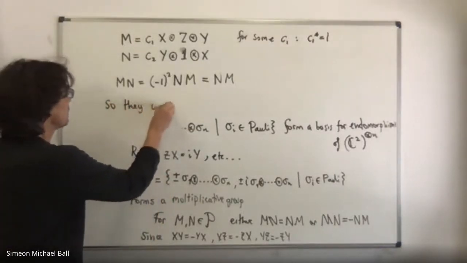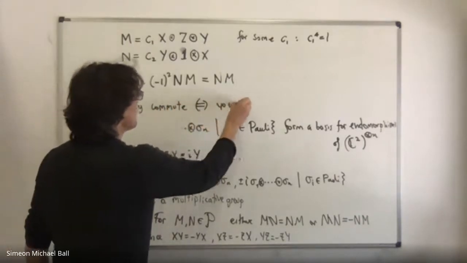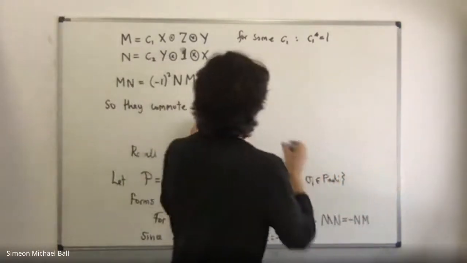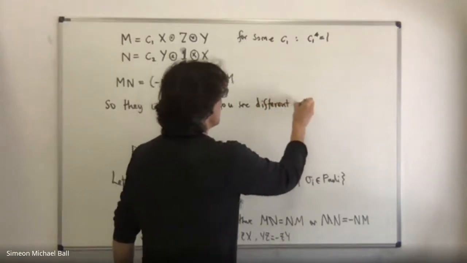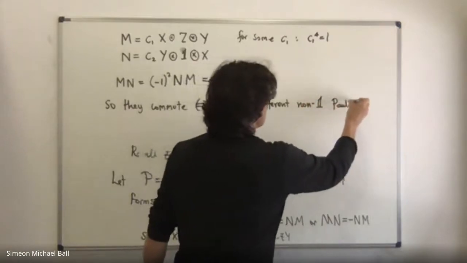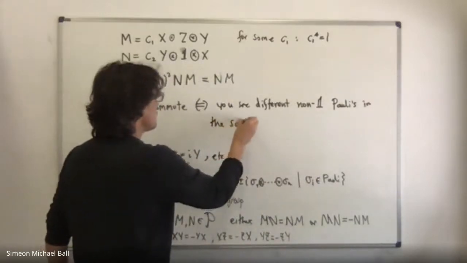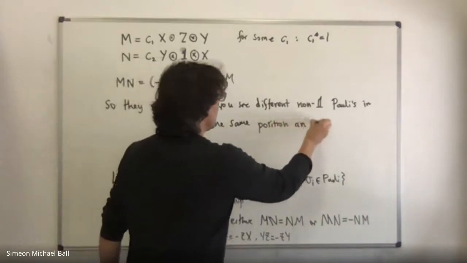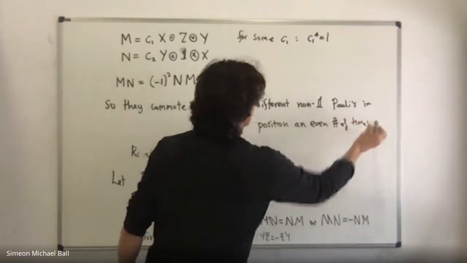They commute if and only if you see different non-identity Paulis in the same position an even number of times.